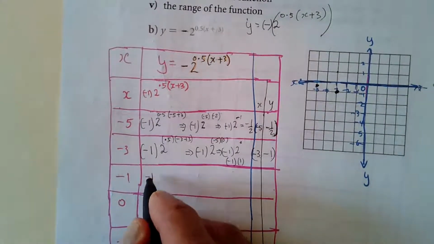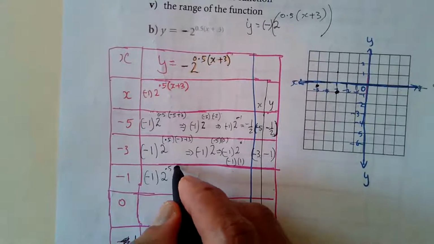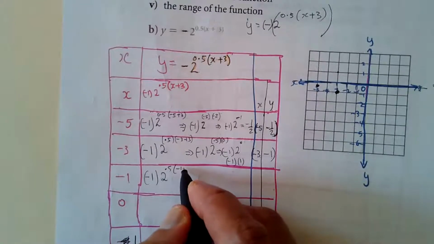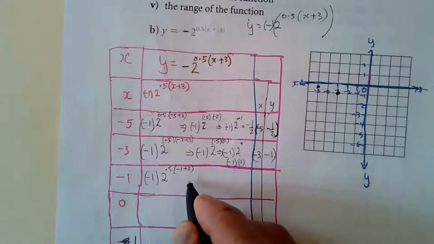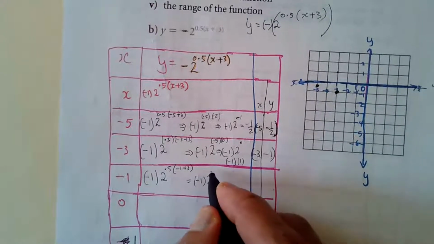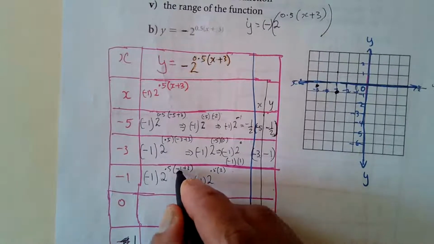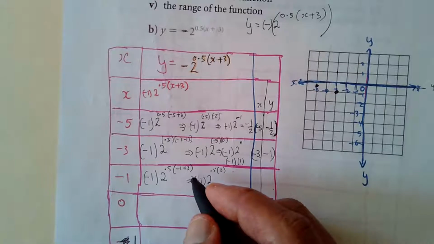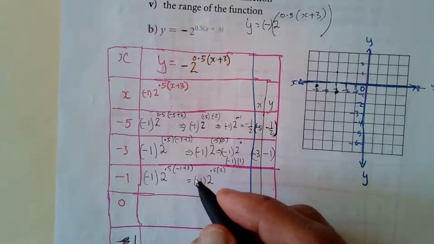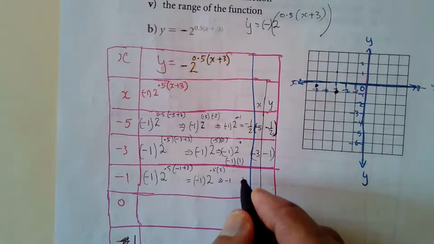Now we have -1 times 2 to the power of -1 plus 3, which is -1 times 2 squared, because -1 plus 3 results in 2.